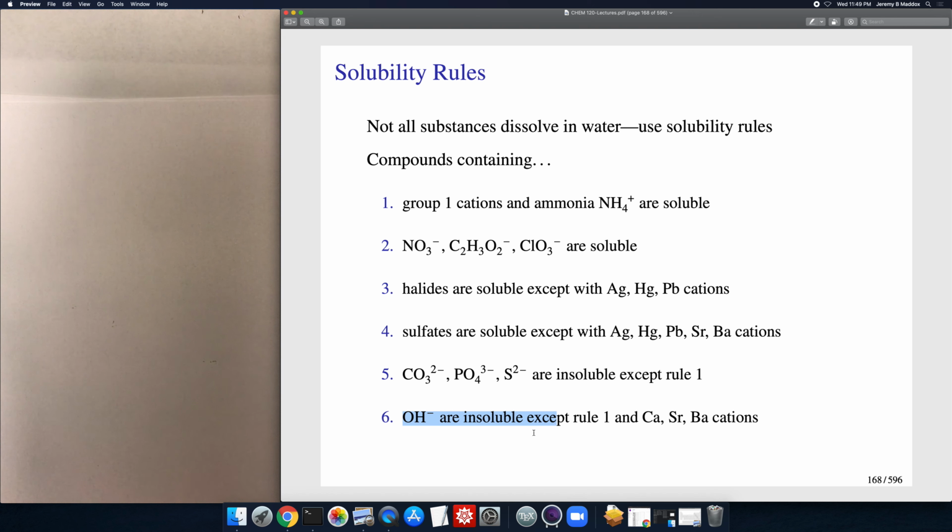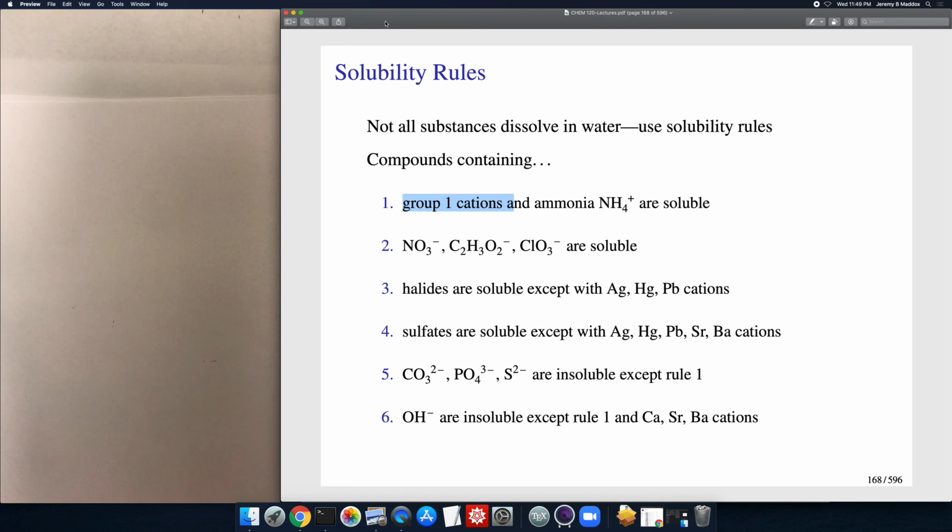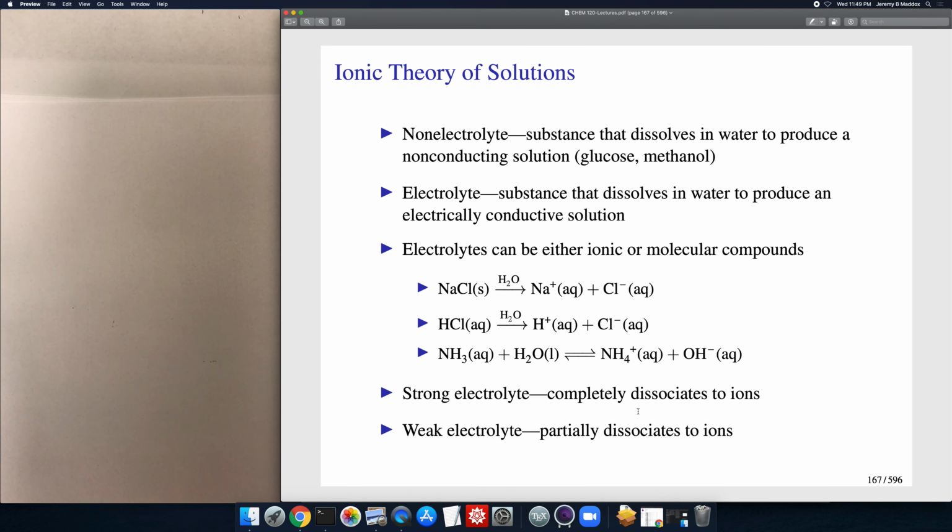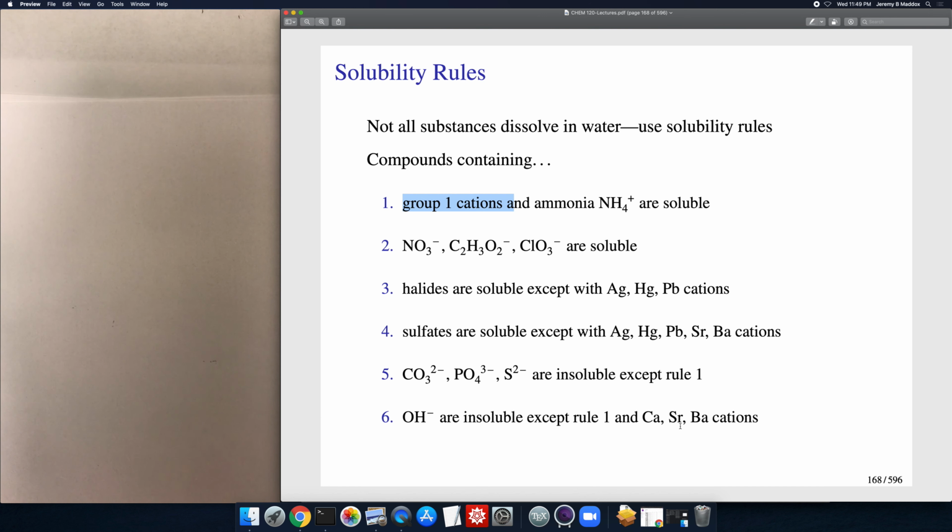Hydroxides are generally insoluble, except, of course, for group 1. Okay, so lithium hydroxide, sodium hydroxide, potassium hydroxide, these are all very soluble. Likewise, calcium, strontium, and barium hydroxide are also soluble.